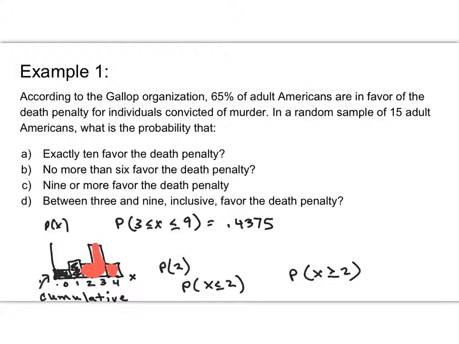So this plus this plus this plus this column here plus this column here plus this column here has to equal 1. So if I do 1 minus these values here, then I'm going to get all of the values here, right?